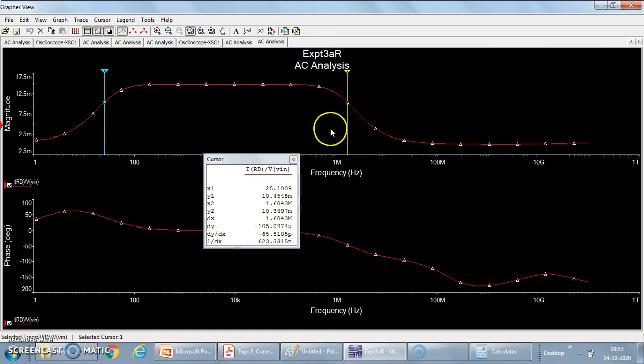What is the value of bandwidth? The difference between the higher cutoff frequency and the lower cutoff frequency. What are the values? Dx comes out to be equal to 1.06 megahertz, and this is without feedback. Make a note: the lower cutoff frequency is 25 hertz, the higher cutoff frequency is 1.60 megahertz, and Dx comes out to be 1.06 megahertz.